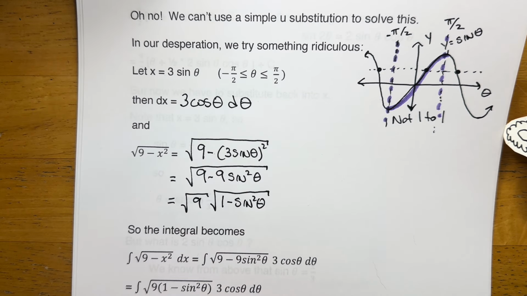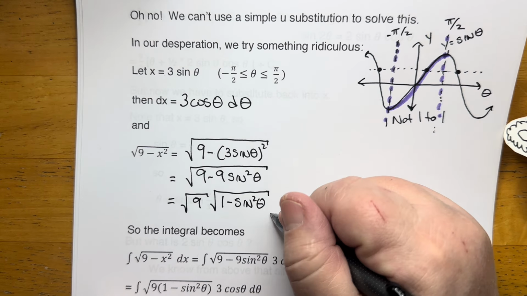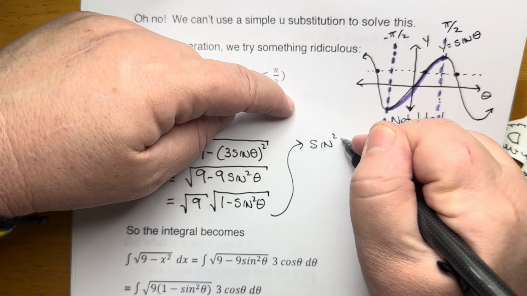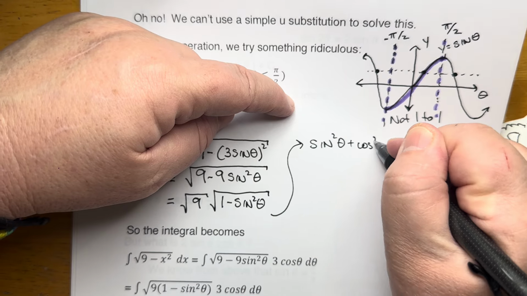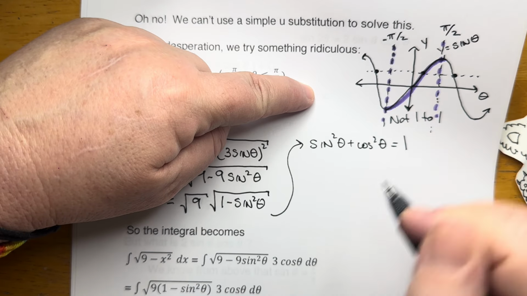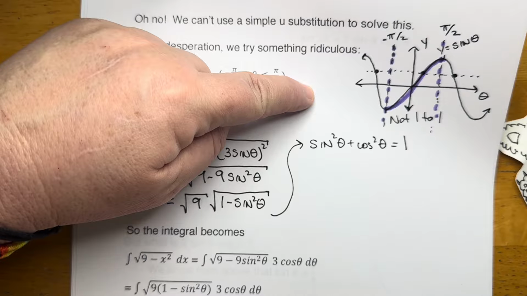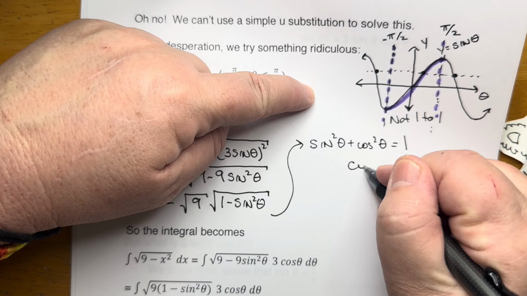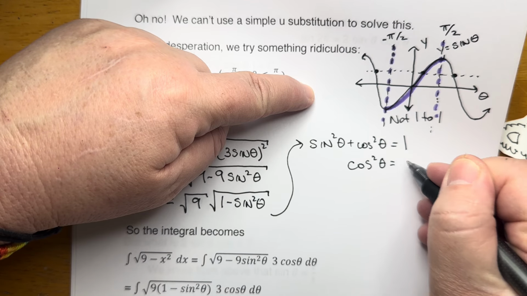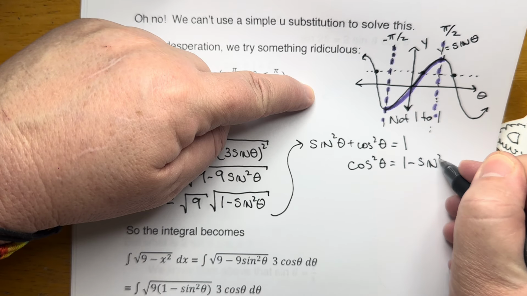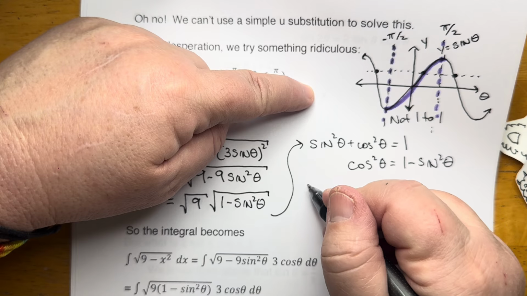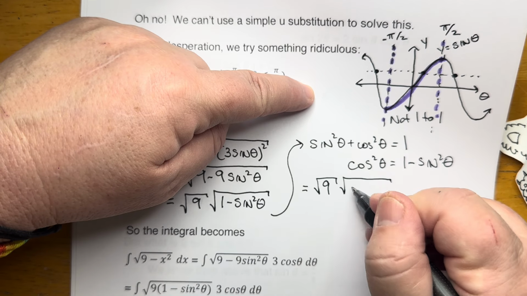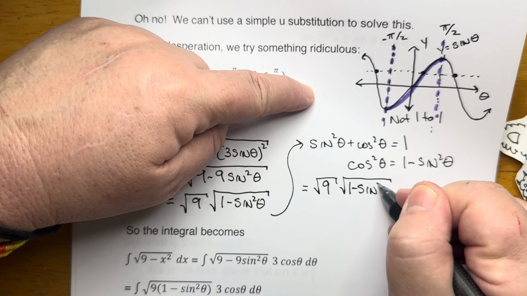And then I'm going to remember, wait a minute, I know that sine squared theta plus cosine squared theta equals 1, right? And then if I subtract sine squared theta, I'm going to get cosine squared theta equals 1 minus sine squared theta. So I've got radical 9, radical 1 minus sine squared theta.